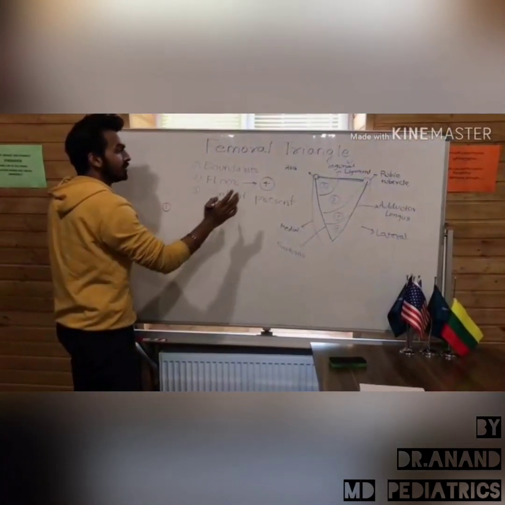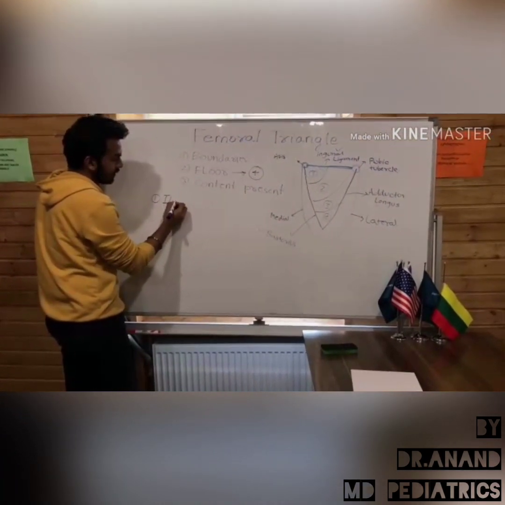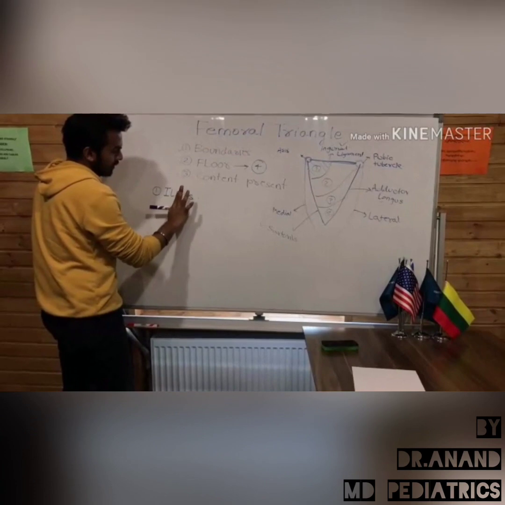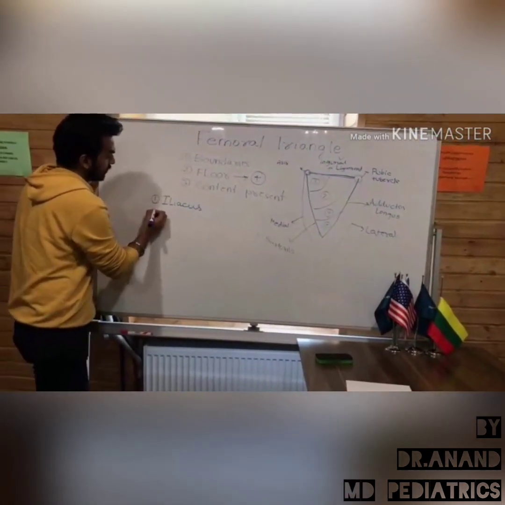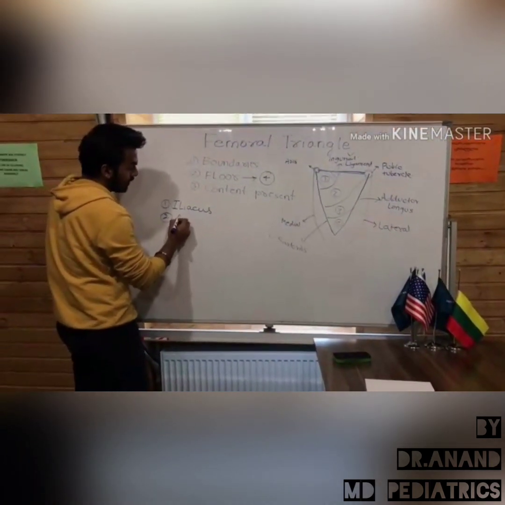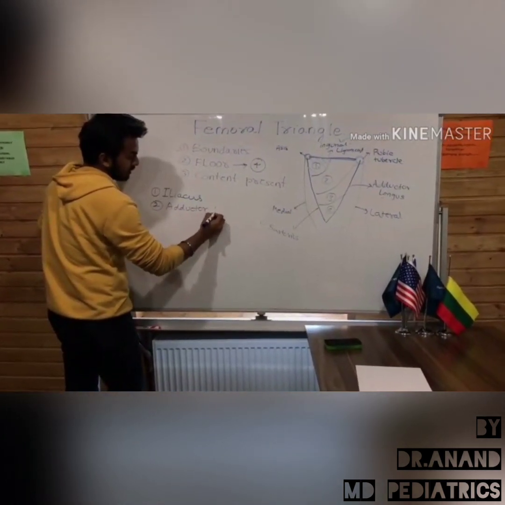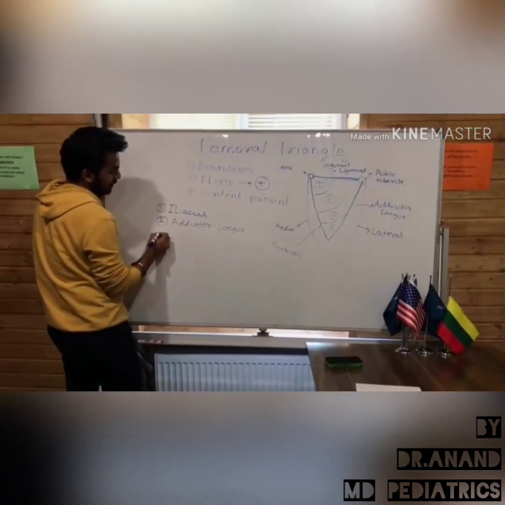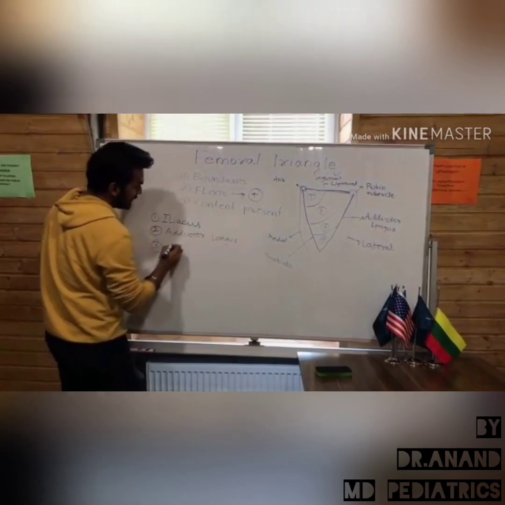The first muscle which is making the floor of the femoral triangle is the iliacus muscle. The second muscle is the adductor longus. The third muscle is the pectineus muscle.